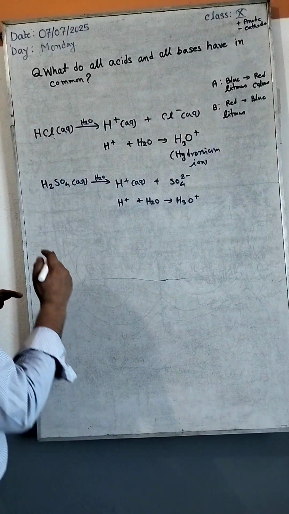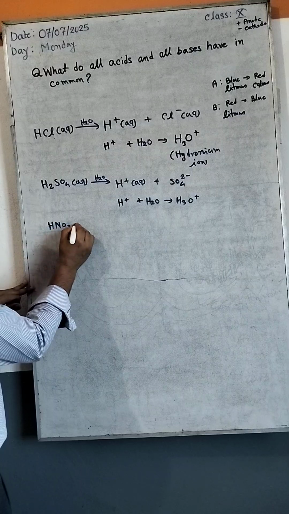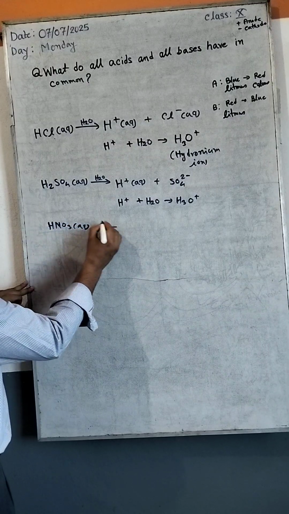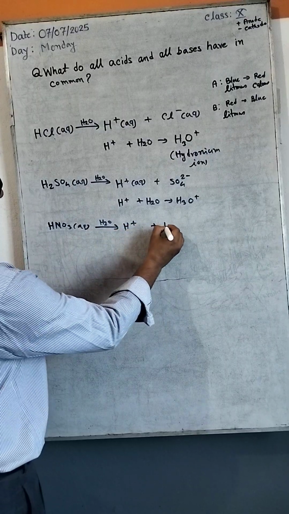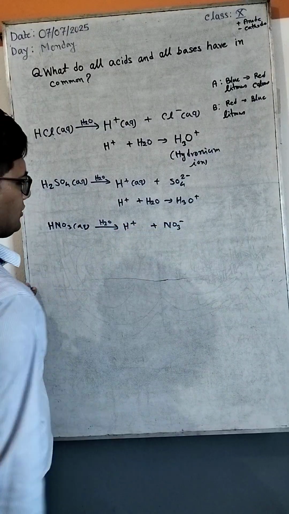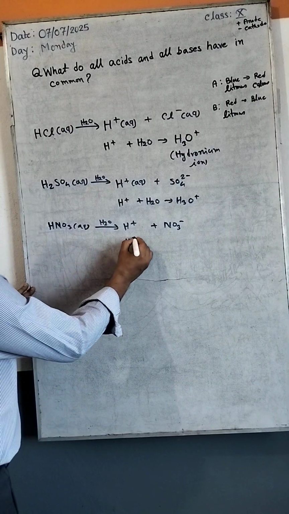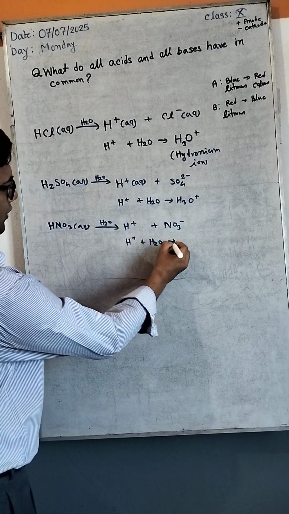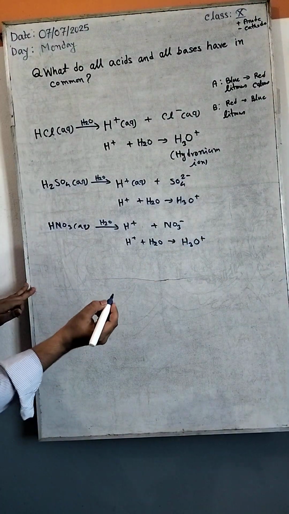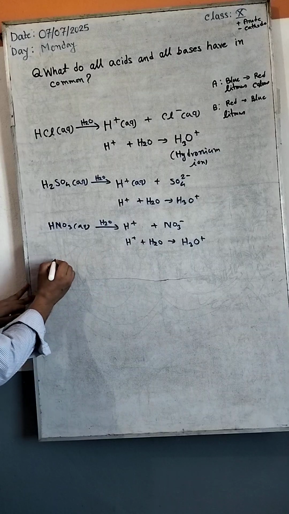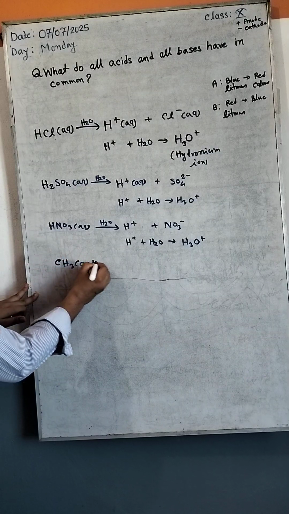Next acid, nitric acid, HNO3. In aqueous solution with water, it forms H plus and NO3 minus. This H plus further reacts with water and forms the hydronium ion. Next acid, acetic acid, CH3COOH.